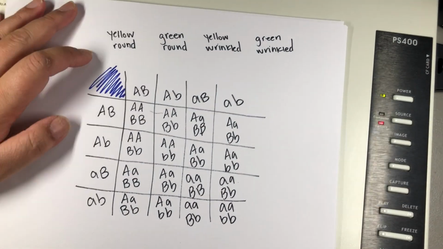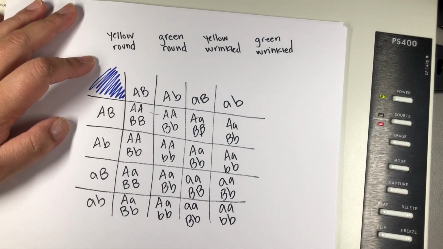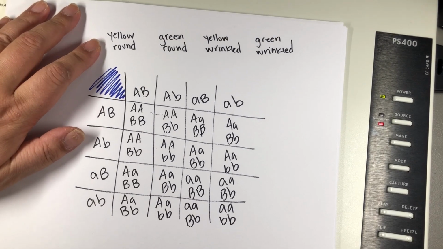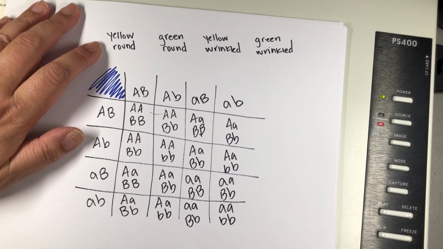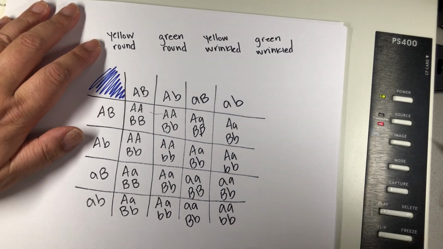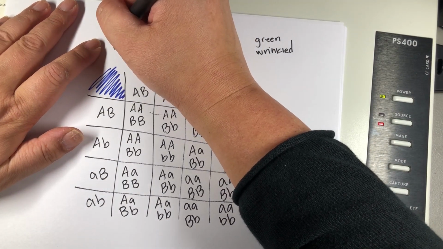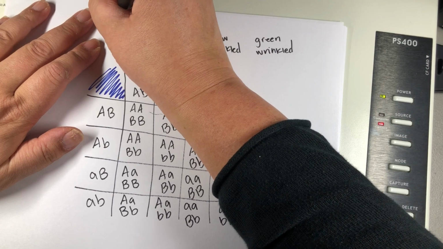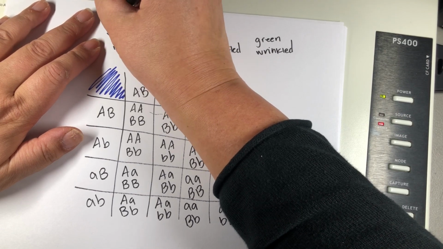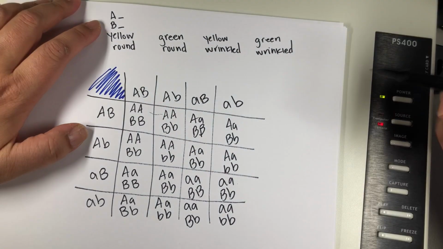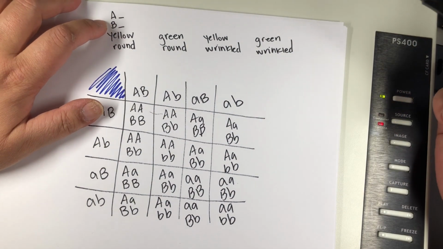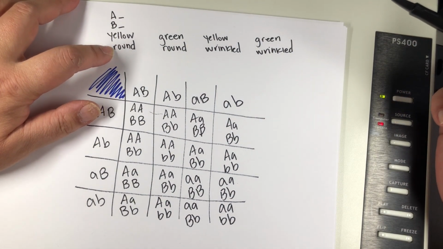Sometimes, just to make things simpler, I write what the genotypes would be in that particular case. For something to be yellow round, these are dominant, right? So anything that has a big A and a big B, and then I like to put a little dash here, which just means it could be anything, is going to be yellow round.